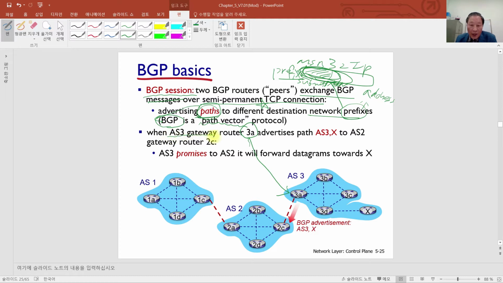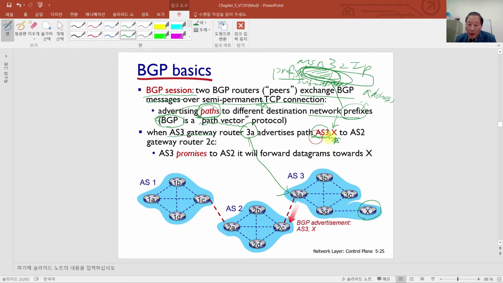When AS3 gateway, this is the gateway, router 3A, and this one is advertising path information, AS3, and X is here. This one is the IP address, and that is called network prefix. And this one is AS3, autonomous system.